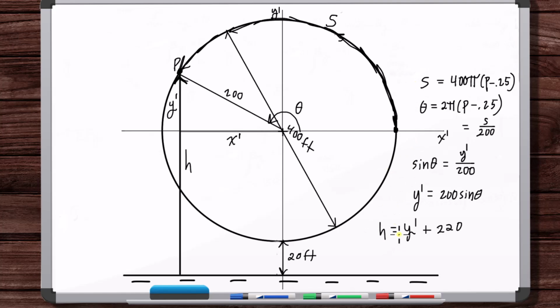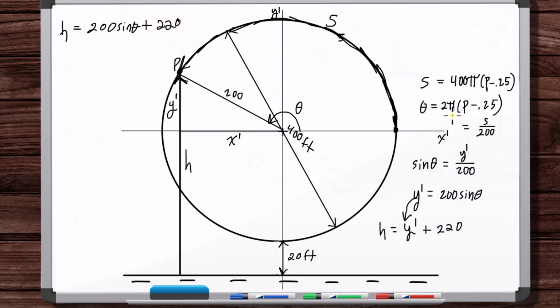Let's put everything together into one formula. Okay, y prime is 200 sine theta, so let's substitute y prime here. So h is equal to 200 sine theta plus 220.